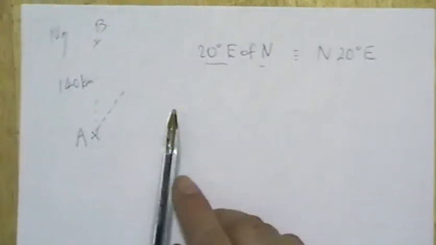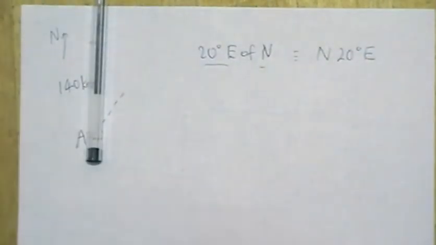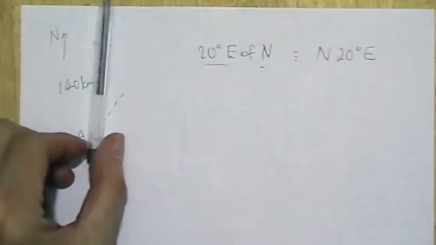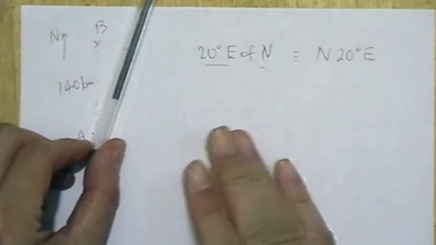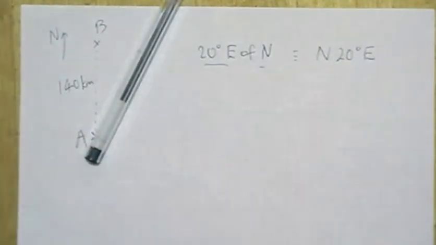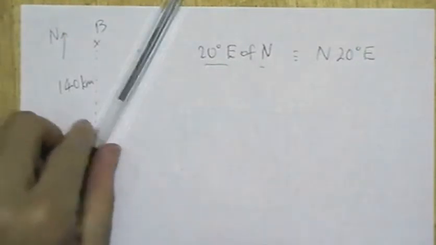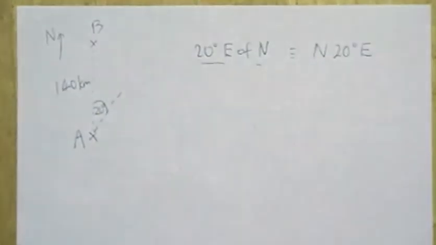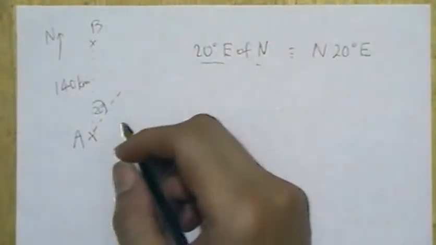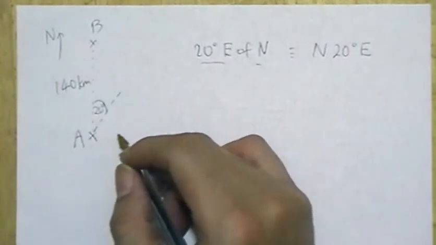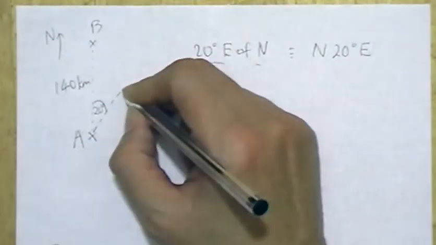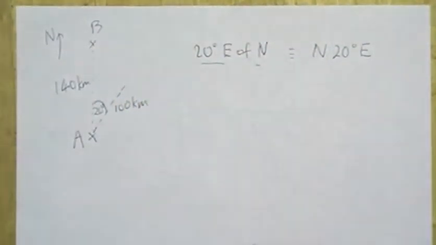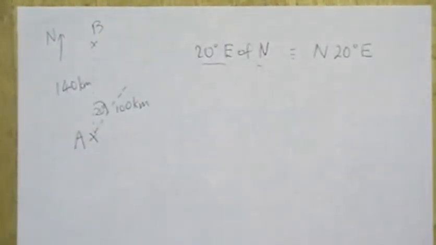It means that with respect to the northerly direction, we turn the direction towards the east by 20 degrees. So this means that this angle is 20 degrees. So the bird flies, and it continues flying for 100 kilometers before it realizes its mistake.